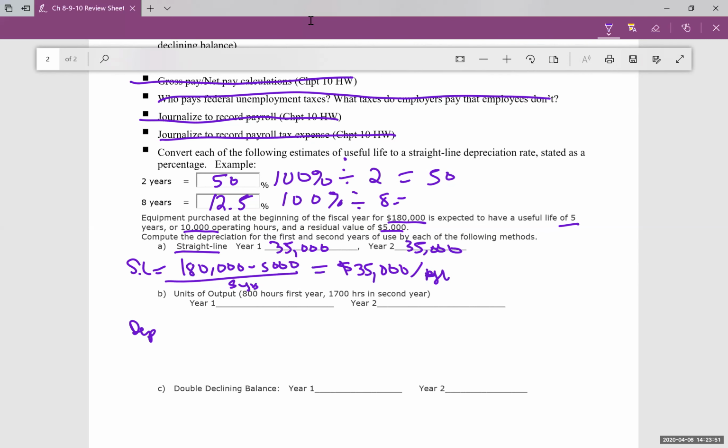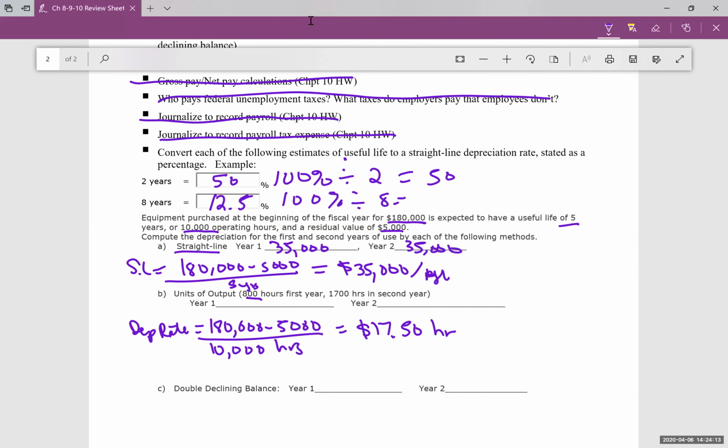For the units of output, we have to figure the depreciation rate. And if you remember, the top is the same, 180,000 minus 5,000. Then you divide it by the total units of output, which they believe to be 10,000 hours. So once you do that math, you come up to $17.50 per hour.